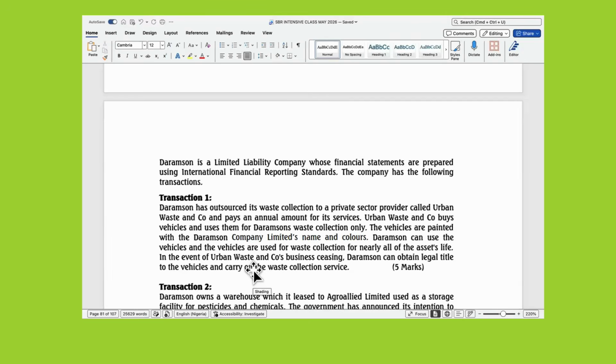So Urban Waste bought vehicles and they use them for us alone. They even painted the vehicles in our name. And we can use the asset for all the asset's life.